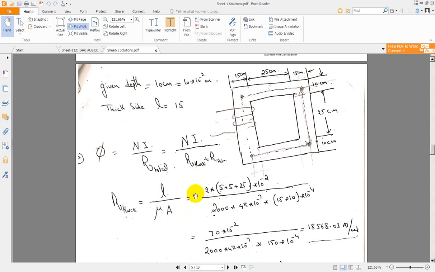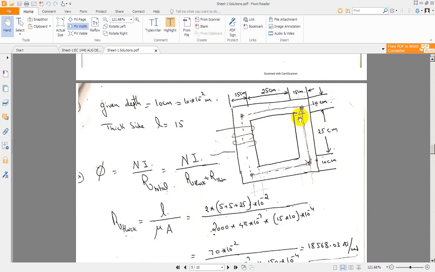If we check the length of the thicker side, the total length will be 25 centimeters plus this mean length. We are considering the mean length. From the center, if we divide the thickness in half, it will be 5 centimeters here and 5 centimeters here.